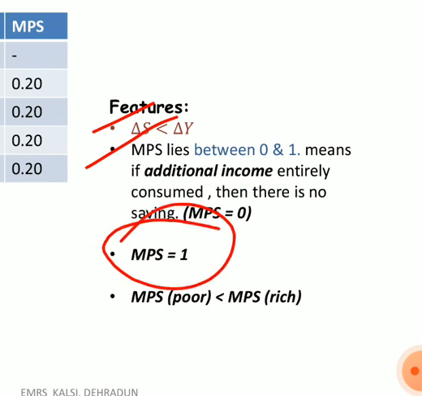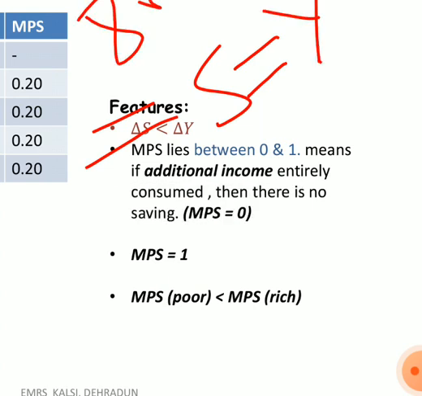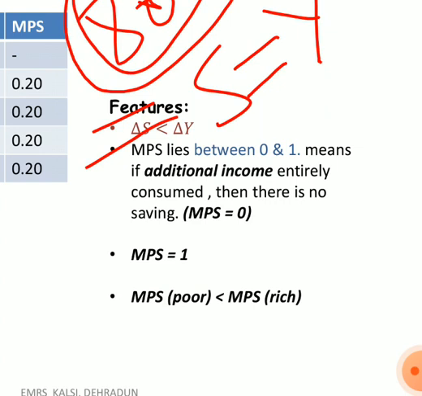MPS can be 1. This 1 represents your income. So MPS equals 1 means S equals Y. S equals Y means when it comes to additional income, you can save the entire additional income. If you are earning 800 rupees, then you can save the entire 800 rupees.